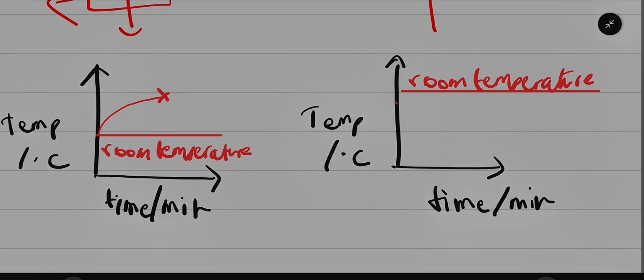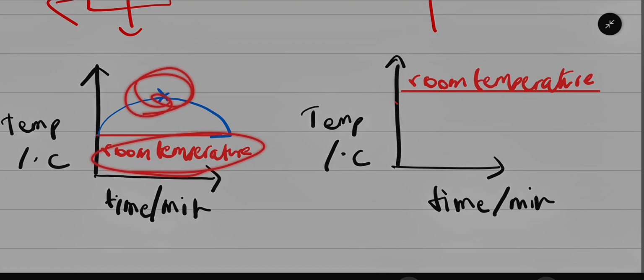The reactants are all finished and the products have been formed, so now the whole reaction is complete. Now the temperature is going to decrease back to room temperature because the reaction is finished.